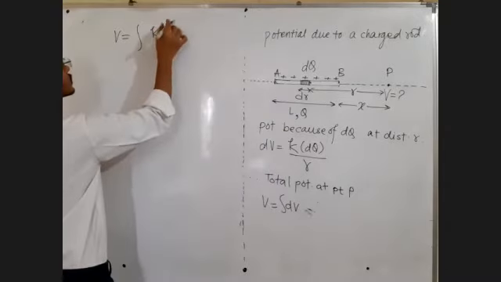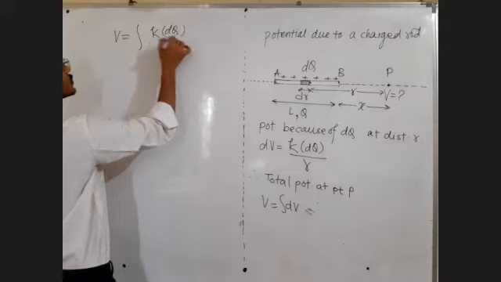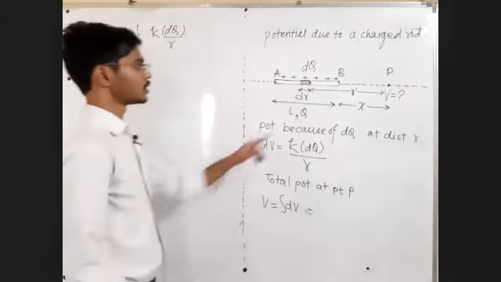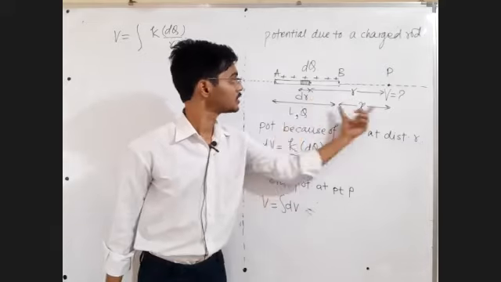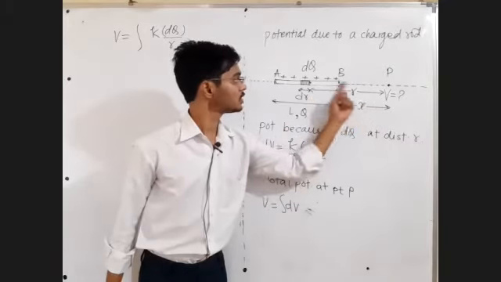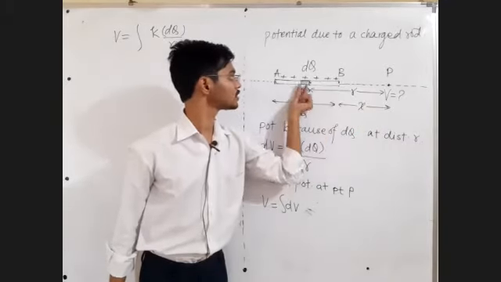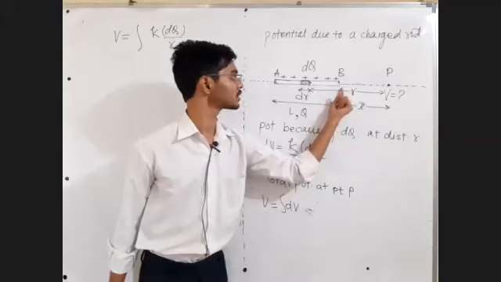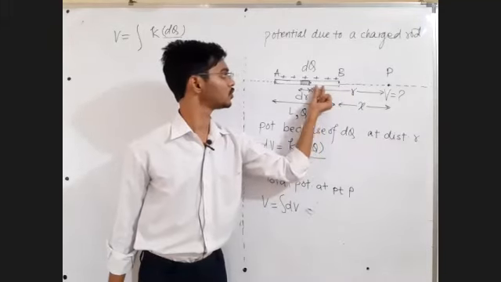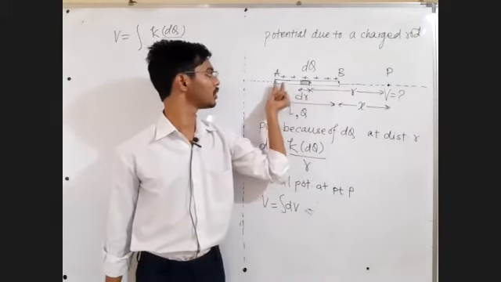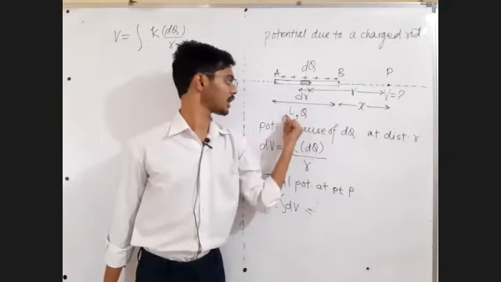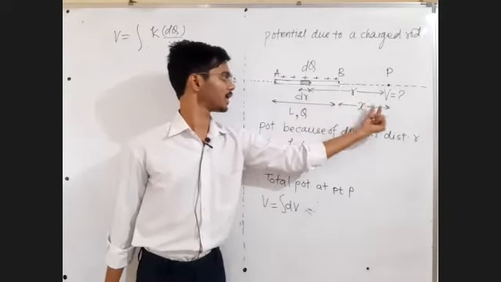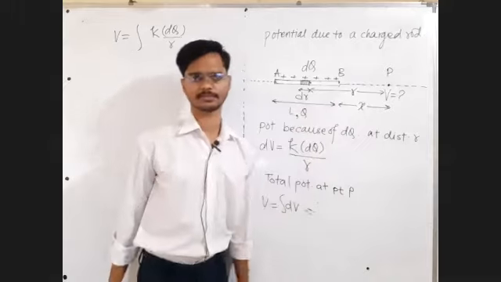So k into dq, sir, upon r. This r is variable. It is initially x, because when this dq is here, it is initially x, and all such dq ultimately come to a. In that case, r will become x plus l. Initially, it will be x. Finally, it will be l plus x.